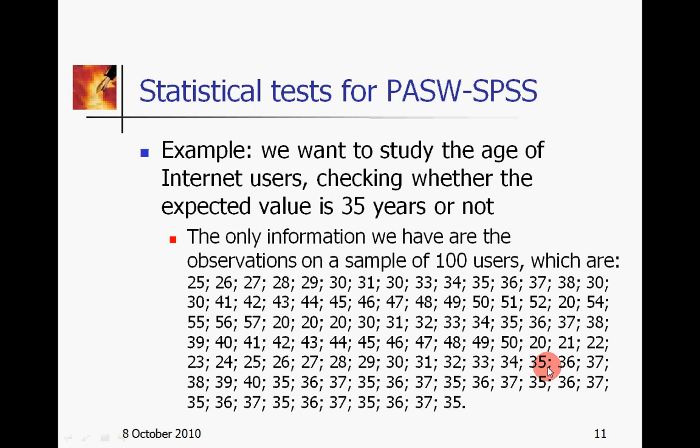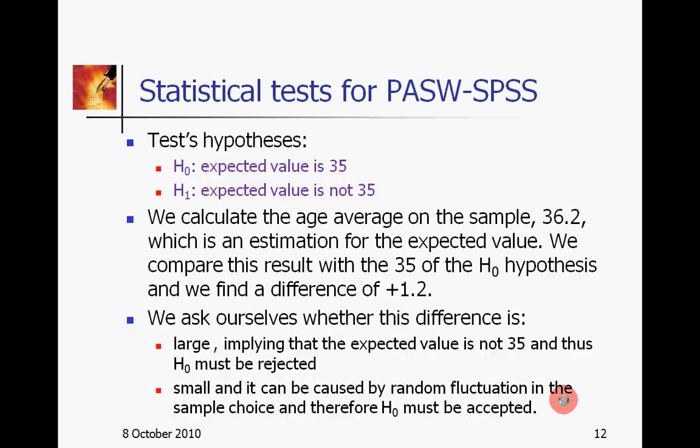The first thing that everybody would do is calculating the average. The average, however, on the sample, not on the population. Calculating the average of these numbers, here we write the hypothesis: expected value is 35, is not 35. We calculate the average of the sample, and the result is 36.2.